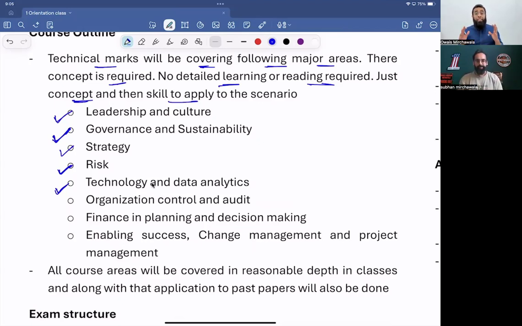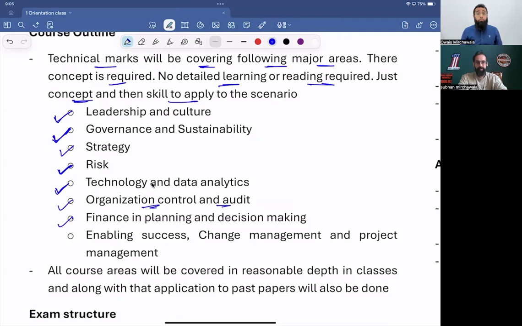So all of these course areas, and it's such a great balance which you study, that when you study that, you will be able to understand a complete business situation. Okay, so leadership problems, culture problems, governance situation, strategy, risk, technology, controls, and audit situation. Like, okay, there will be some fraud happening or some control weakness. You'll have to suggest the corrections.